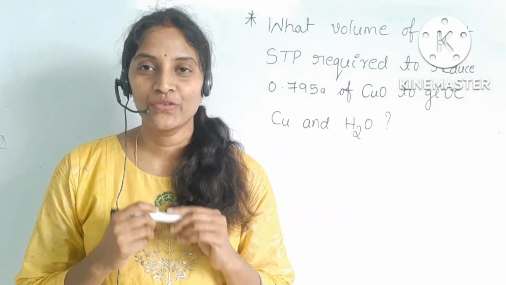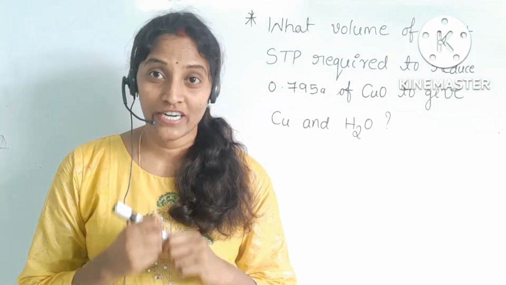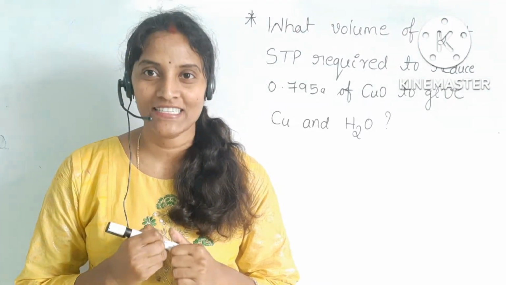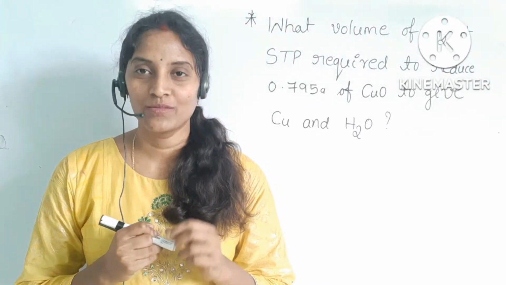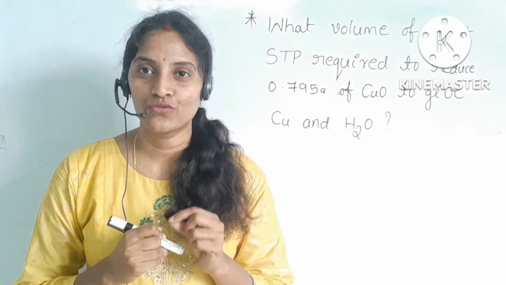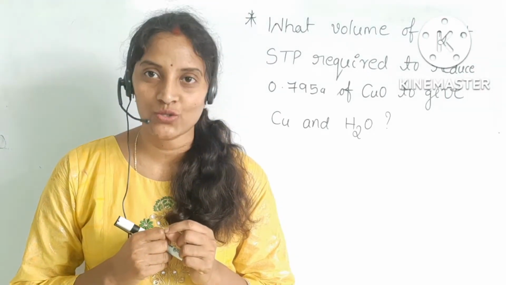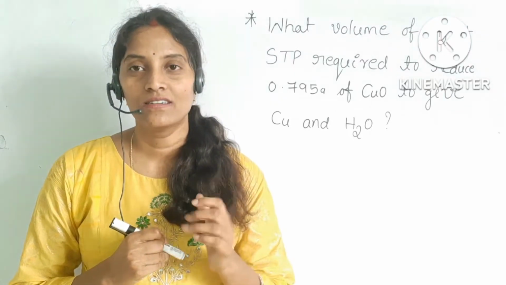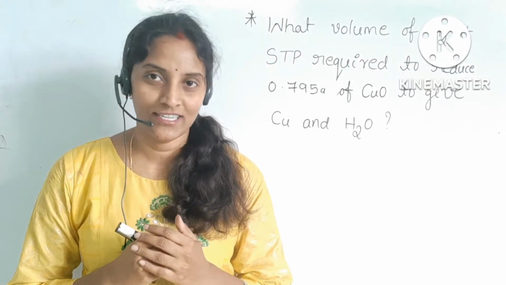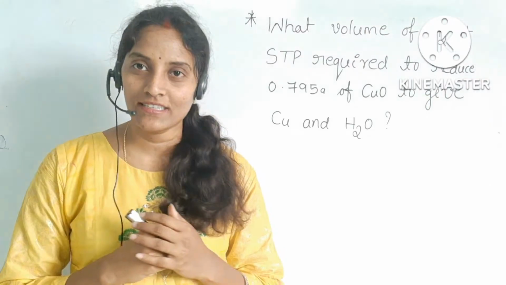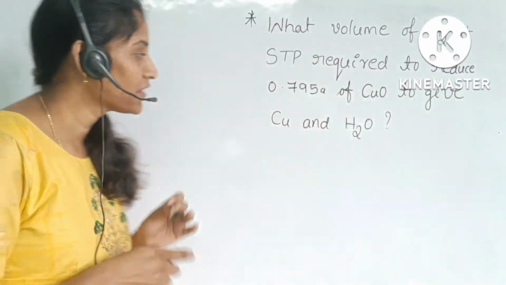In this problem, we should calculate what volume of H2 gas is required to convert 0.795 grams of copper oxide to copper and water at STP conditions. First of all, you should write the balanced chemical equation for this problem.